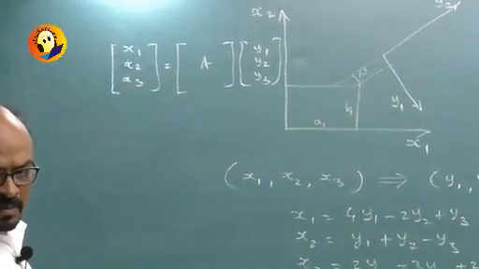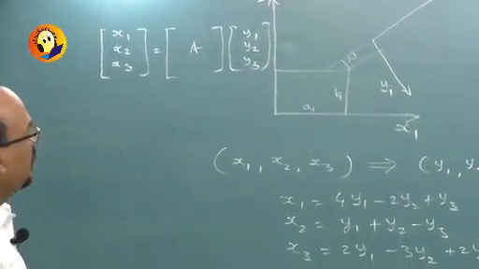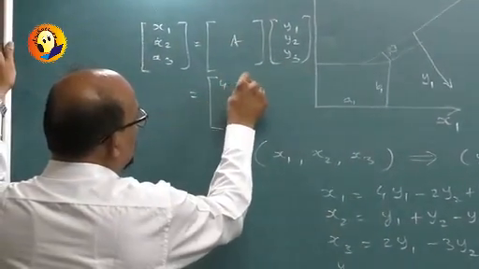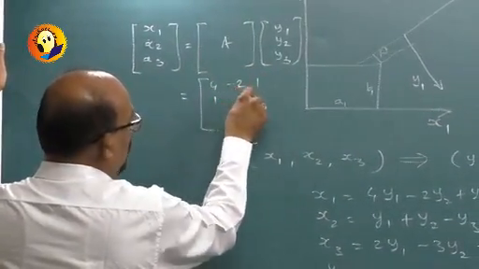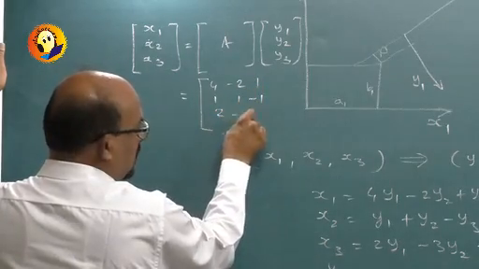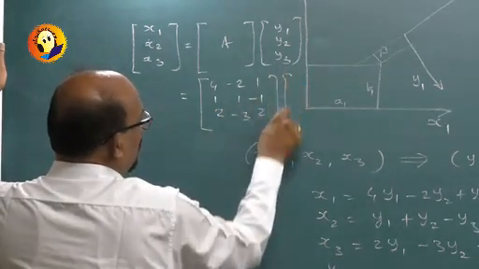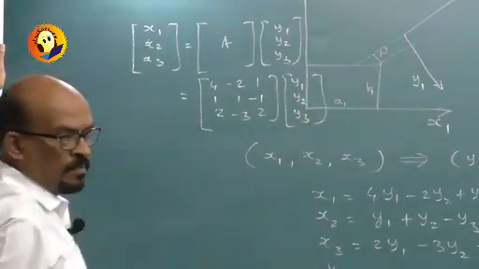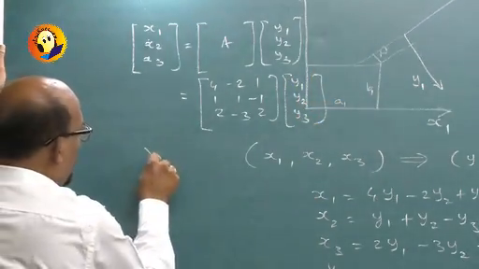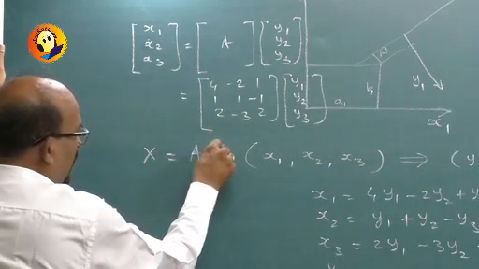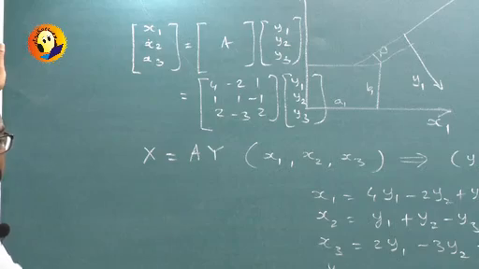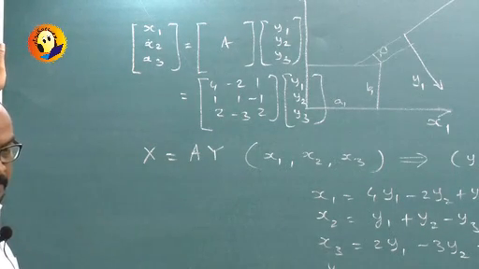Can we? We can. In this case it can be simply 4, minus 2, 1, 1, 1, minus 1, and 2, minus 3, 2, times y1, y2, y3. So this is in the form x is equal to Ay, where y points can be transformed to x.